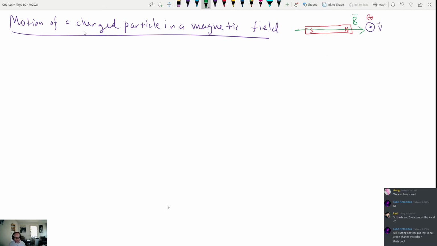I don't know if that helps answer the question you had, Kavi, about the fact that the north and the south matters as well as the plus and minus. Here, can you all tell me what the direction of the force on this particle would be? If you do your V cross B, what's the direction of the force? So the magnetic field's going to the right. Velocity's coming out of the page, so you point your fingers back that way.